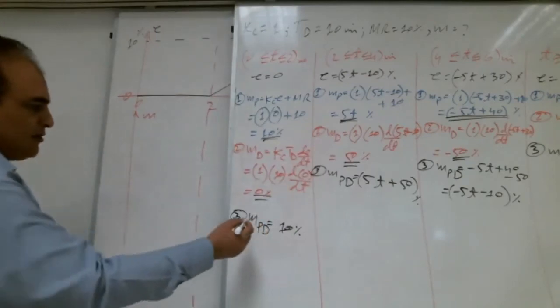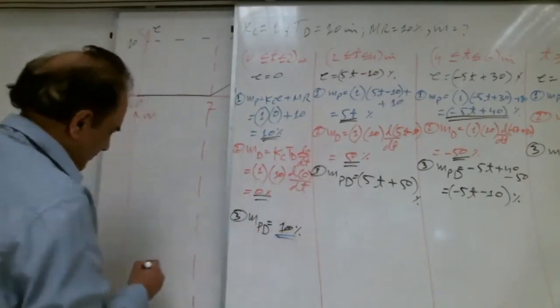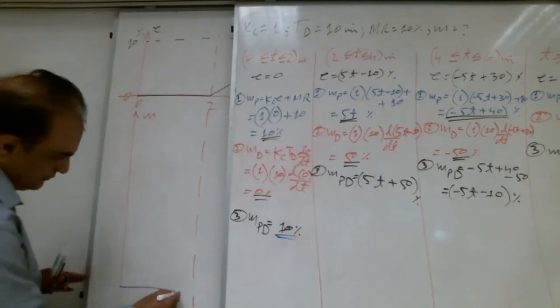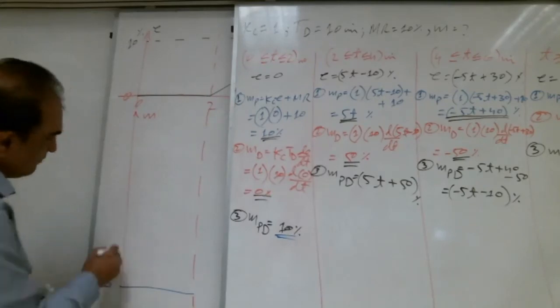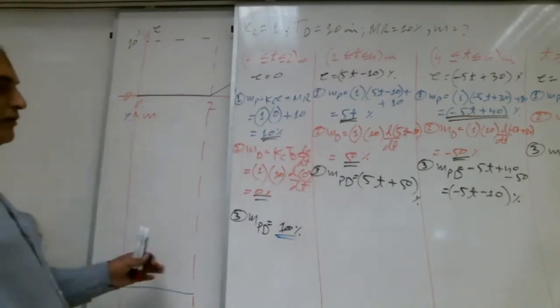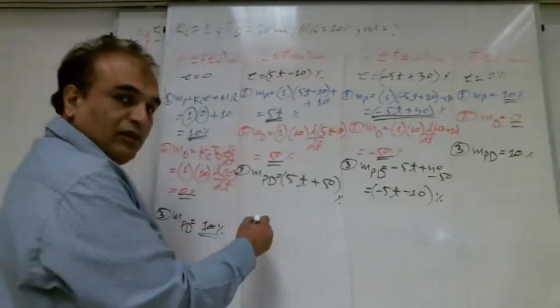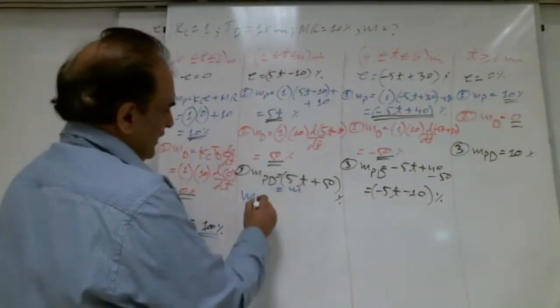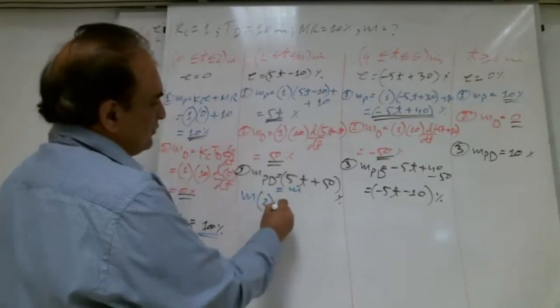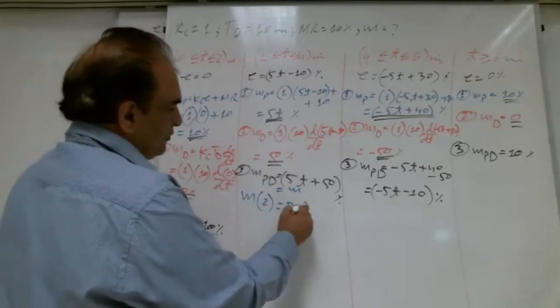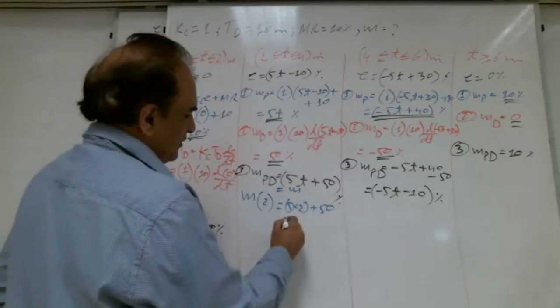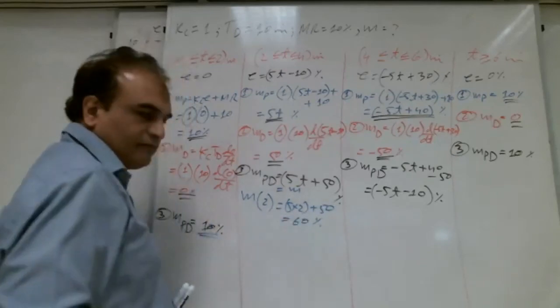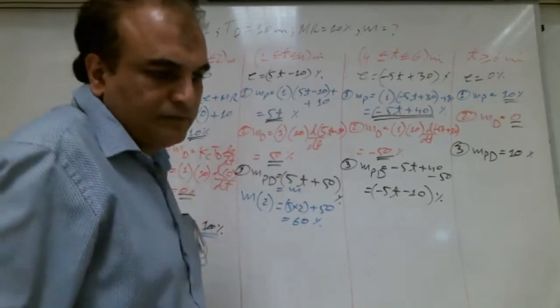Very good. 10%. Constant, constant 10%. Yes, Shabab. How much is here? Say this is M at 2. 5 into 2 plus 50. How much? 60%. Right, Shabab?